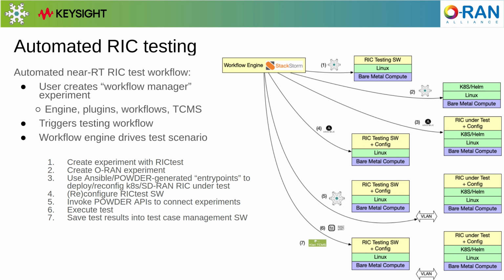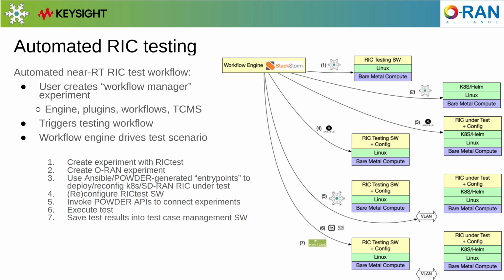This figure shows the flow of the automated RIC testing that we'll be showing in the demo video. An instance of the Powder automation framework running the StackStorm workflow engine drives these tests and triggers the ORAN testing workflow.